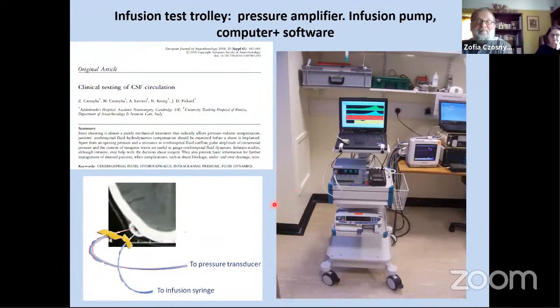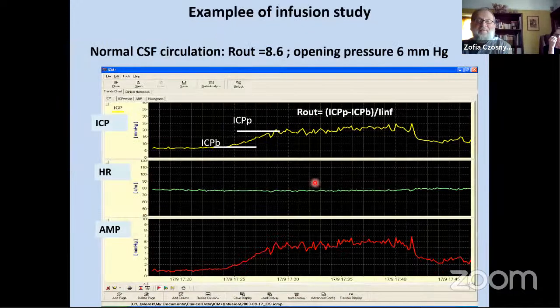What we need to do is have access to the cerebrospinal fluid space, have a trolley with a pressure amplifier and infusion pump, plus a computer running ICM+ software, and do the infusion. We measure baseline intracranial pressure, ICP-B. Then when we start infusion, pressure increases to the ICP plateau.